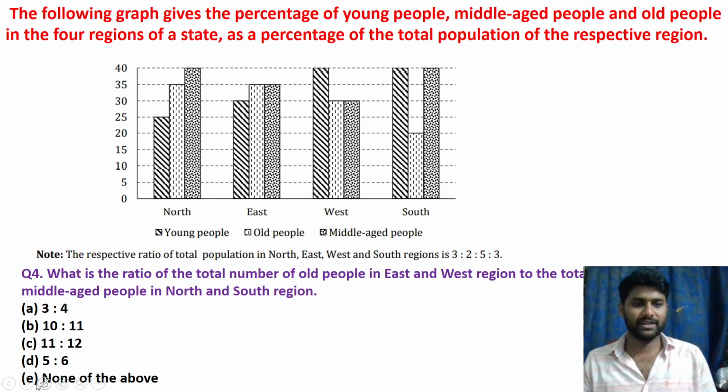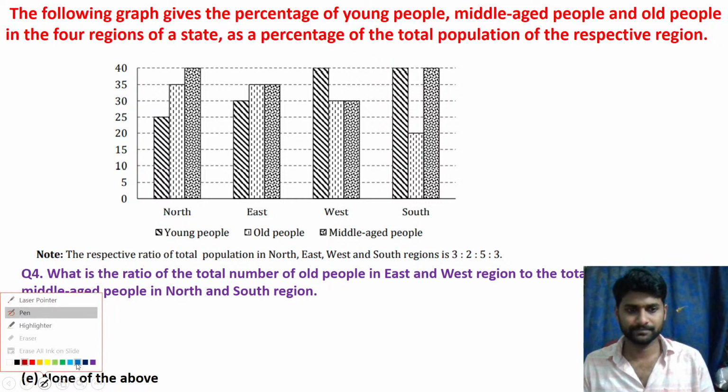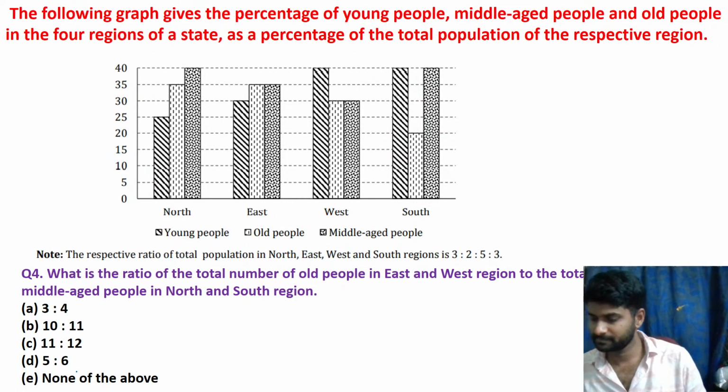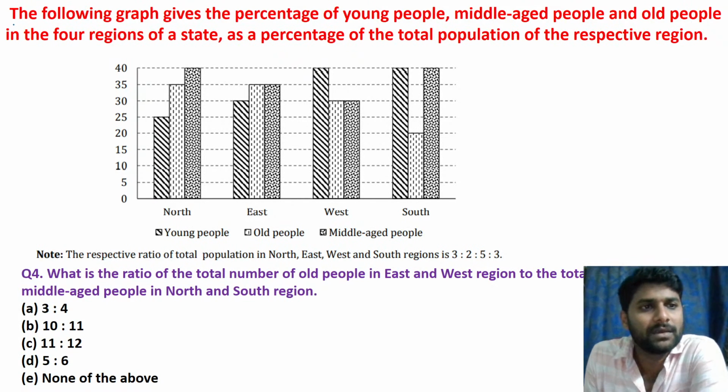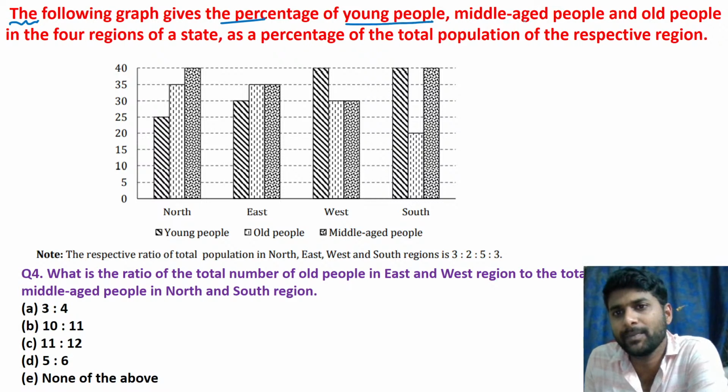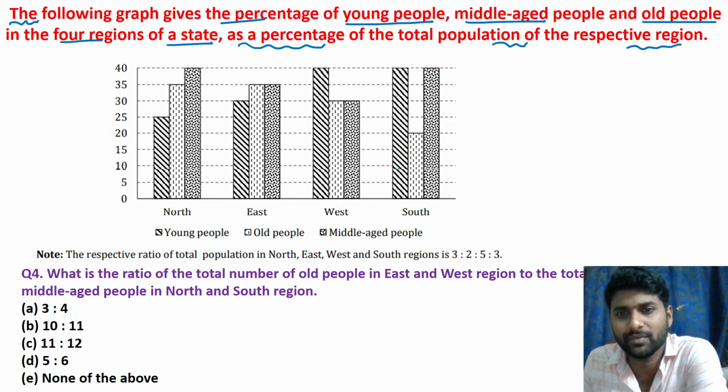Now we have a data interpretation question. Now see, the following graph gives the percentage of young people, middle-aged people, old people in four regions of a state as a percentage of total population in respect to region. So the information is related to percentages.